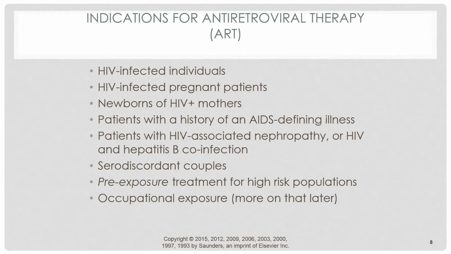So that's kind of controversial, but there are places where sex workers or again, someone who is in a serodiscordant couple may be treated even though they're not testing positive, to keep them from seroconverting and having a positive HIV test. And then occupational exposure. We'll go over that later. That's the one that a lot of nurses really worry about.